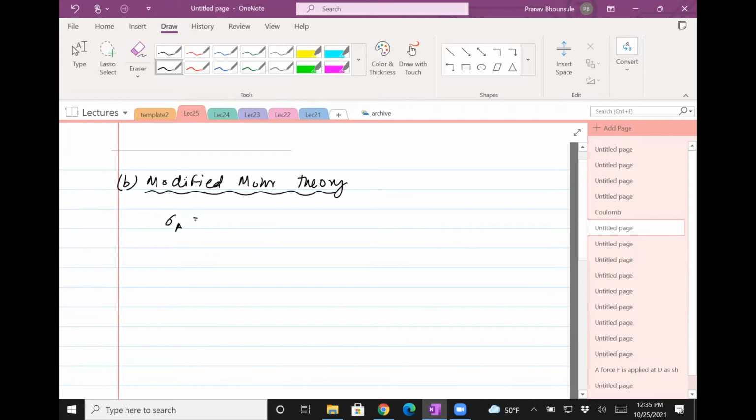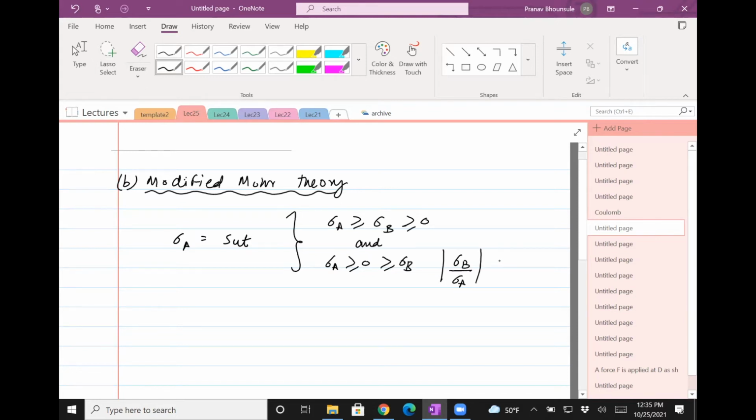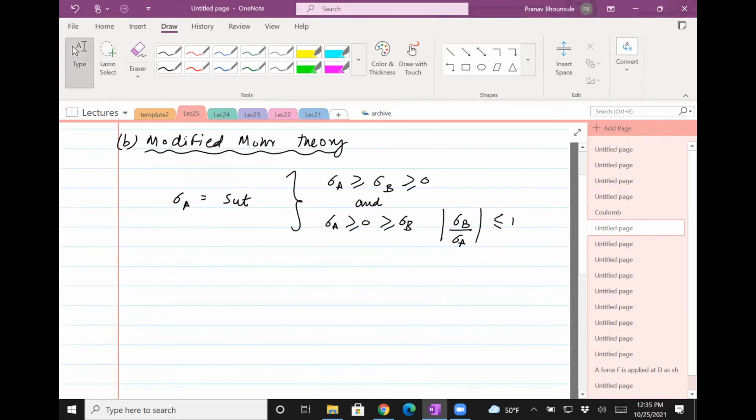So sigma A is SUT, and that is true for sigma A greater than sigma B greater than or equal to 0. It also is true when sigma A is greater than 0, greater than sigma B, and the ratio of sigma B divided by sigma A, with the absolute value, is less than 1. Okay, so this is one part of the equation.